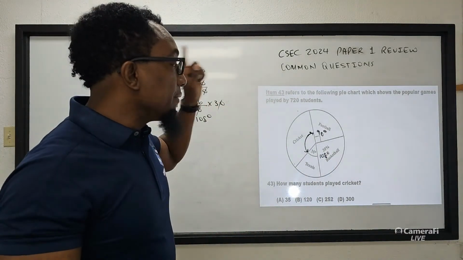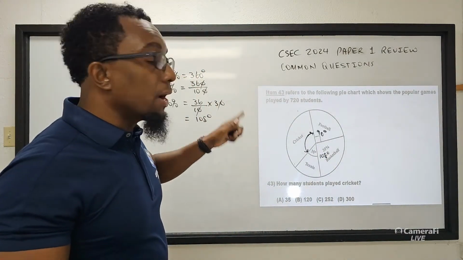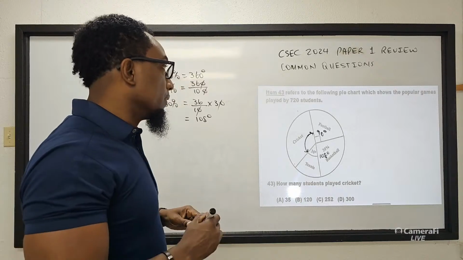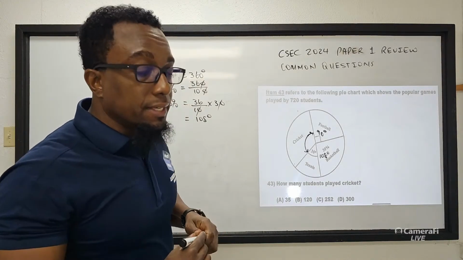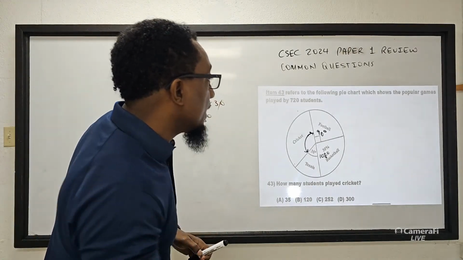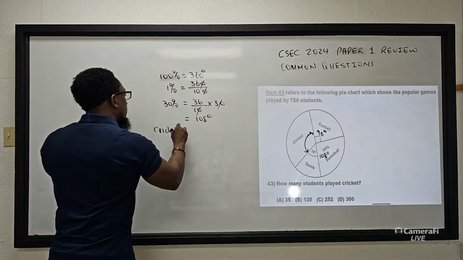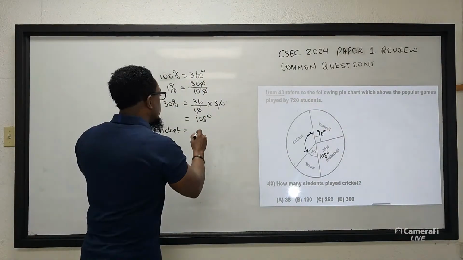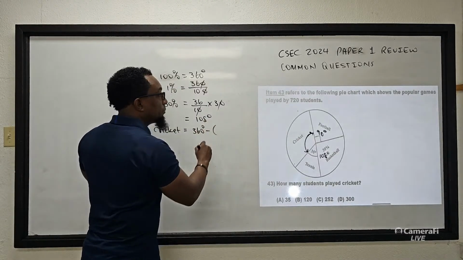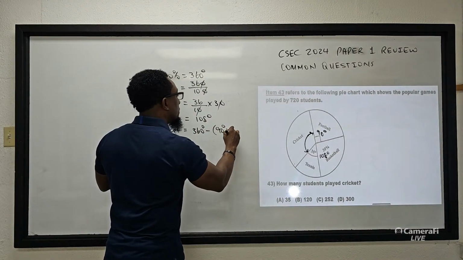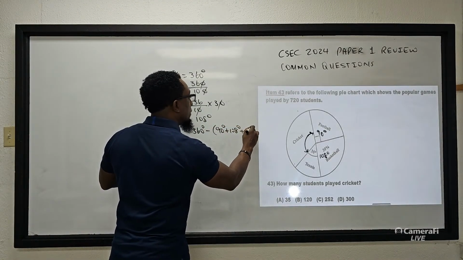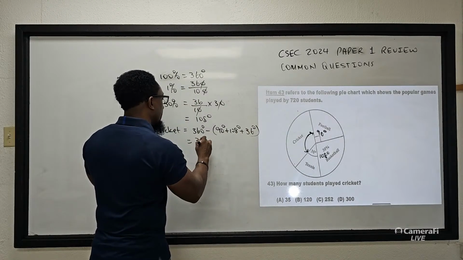So we now see where football, tennis, and basketball are all in degrees. So let me determine now what is cricket in degrees. Cricket will be 360 degrees subtract 90 degrees plus 108 degrees plus 36 degrees.